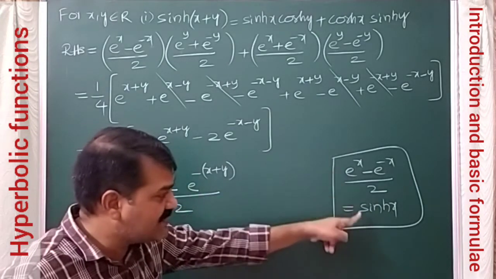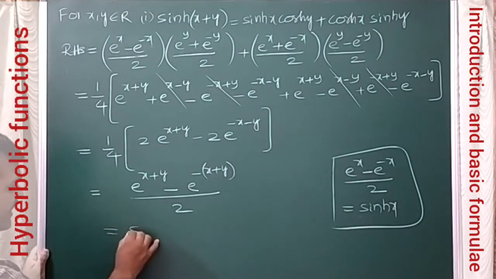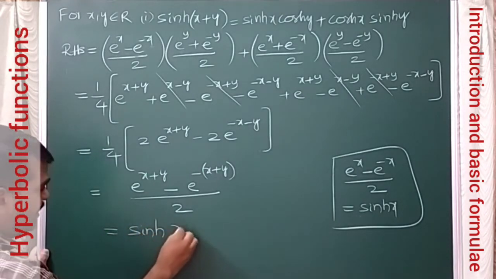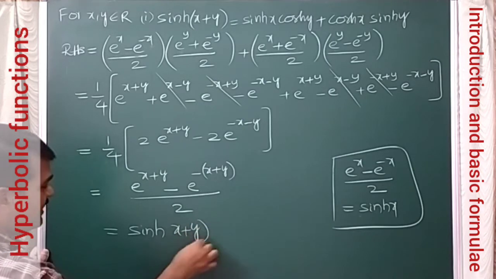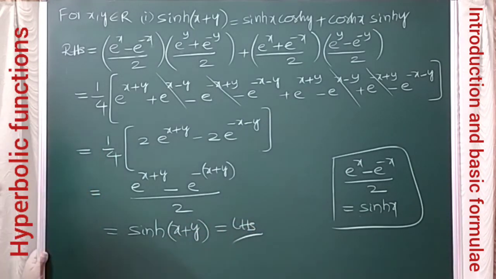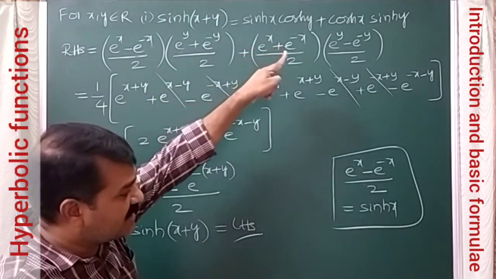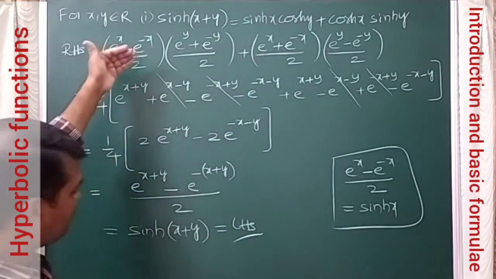Formula is similar to this one. So in place of x we have x plus y means it is sinh of x plus y, which is equal to LHS. So sinh of x plus y, this is the formula. So the derivation we have done.